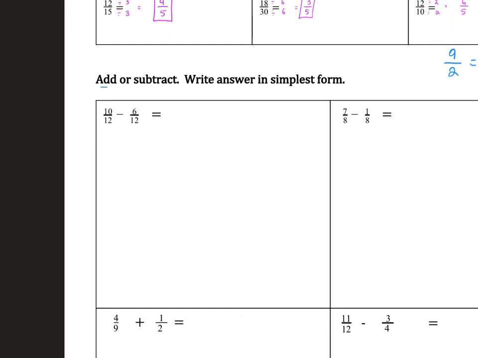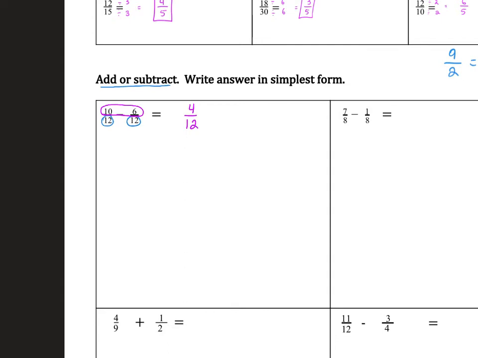Now I'm adding or subtracting. The first step whenever you add and subtract is you need to have a common denominator. So here, notice my denominator is the same. It's both 12. So I'm just going to subtract across the top. 10 minus 6 gives me 4. And I keep that denominator at 12.